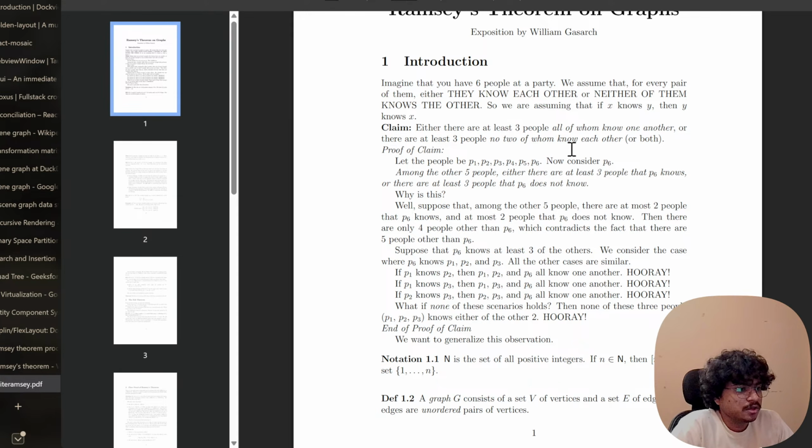Why is this? Suppose that among the other five people, there are at most two people that P6 knows and at most two that P6 does not know. Then there are only four people other than P6, which contradicts the fact that there are five people other than P6.